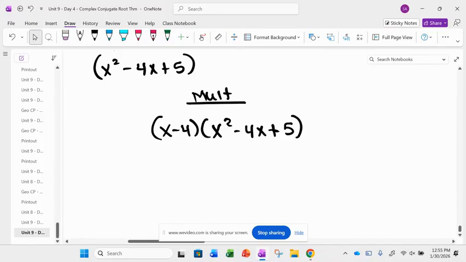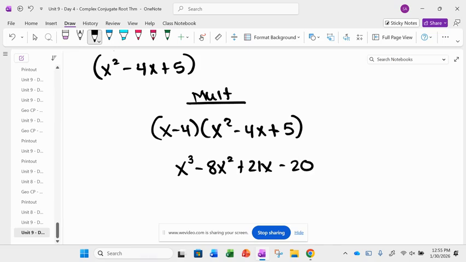Can somebody tell me what they got when they multiplied this? Is it x to the third minus 8x squared plus 21x minus 20? Yeah? Okay. So this is the polynomial that gives us those 3 roots.